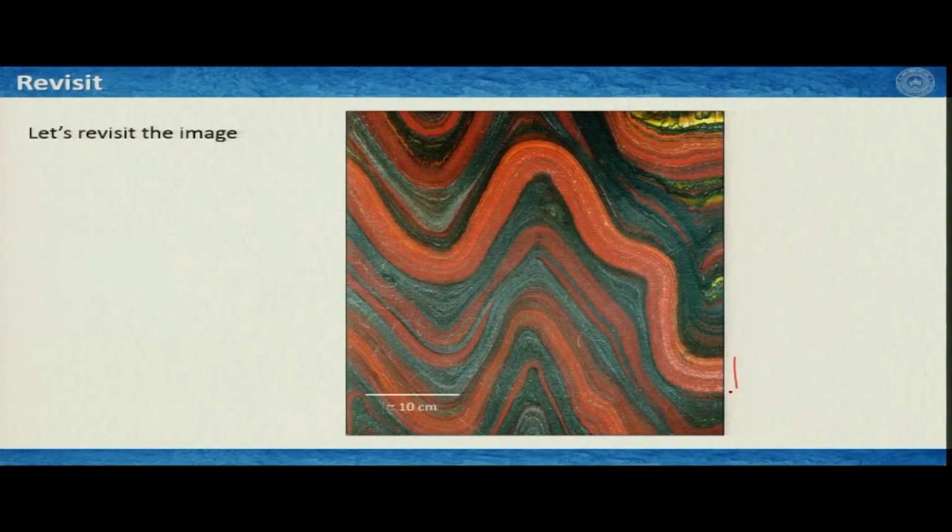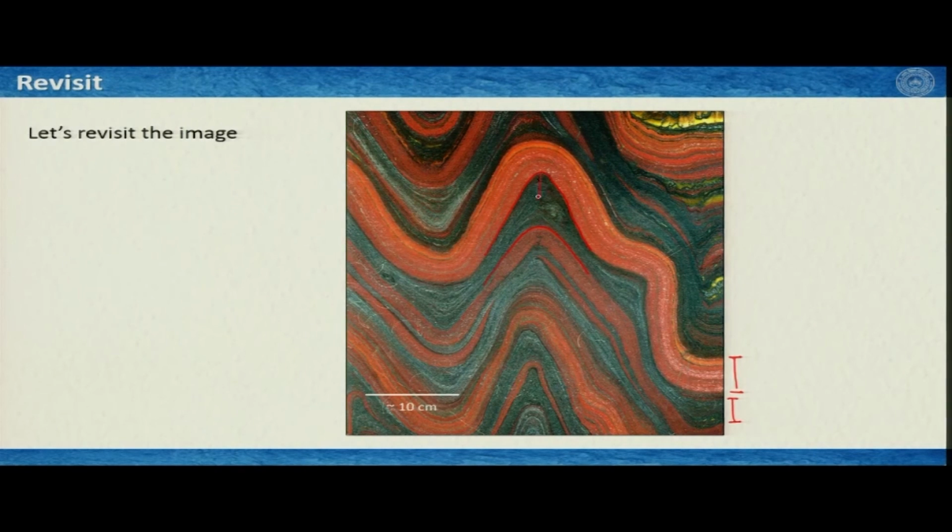The class 1C folds we generally see in an alternating sequence of competent and incompetent layers, and generally the incompetent layers show the class 3 folds. So, let us revisit this image. These red layers, as I have said, are cherty layers, and the black layers are iron-rich layers, and we clearly see the hinge thickness here.